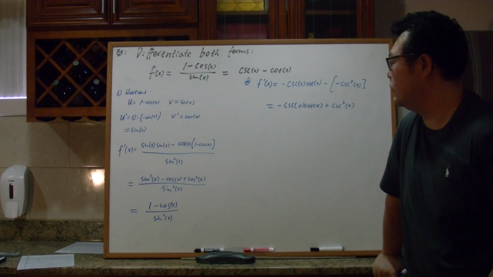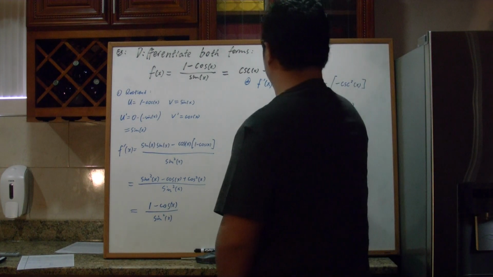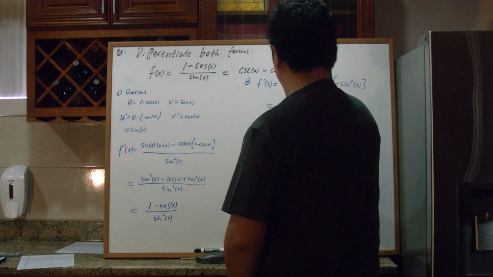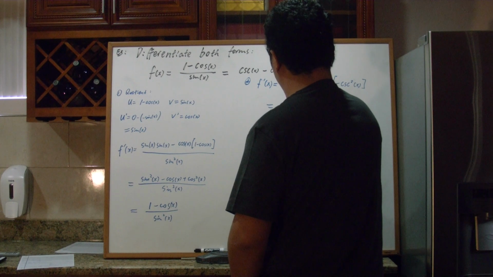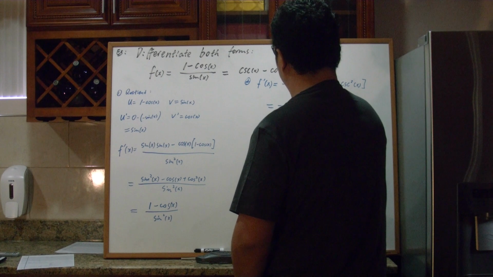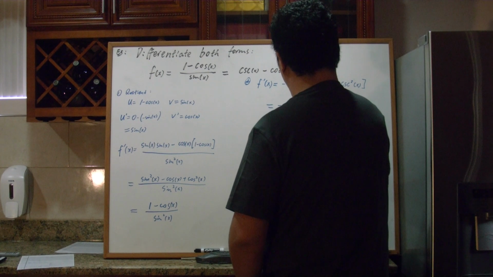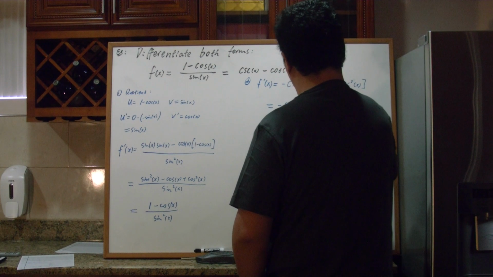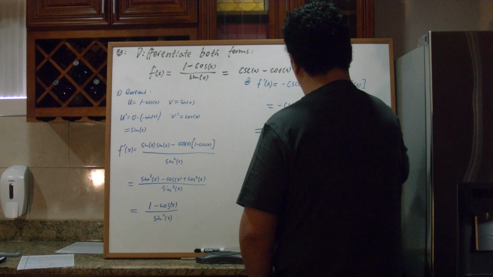So if you change everything into sine and cosine, that is negative 1 over sine x, cosine x over sine x, plus 1 over sine x squared.